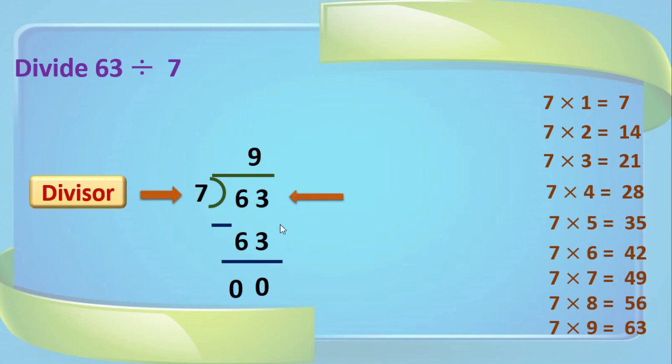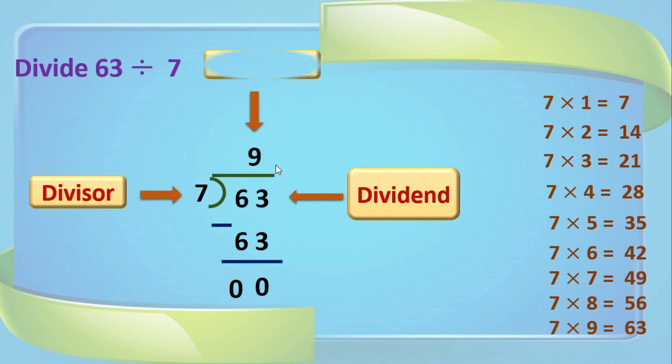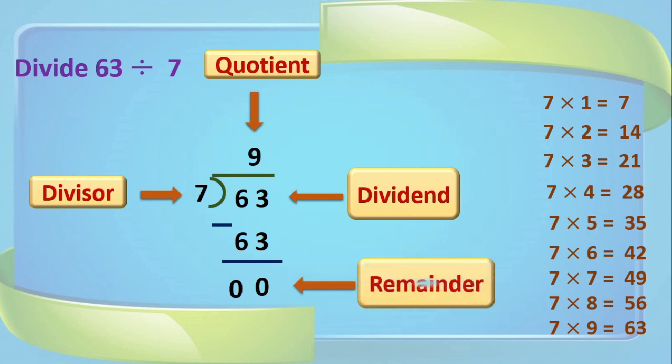The number that is divided is called the dividend. The answer whatever we got is the quotient and whatever is left is the remainder. This we know, correct? Divisor, dividend, quotient and remainder. Each division sum has all these 4 parts.